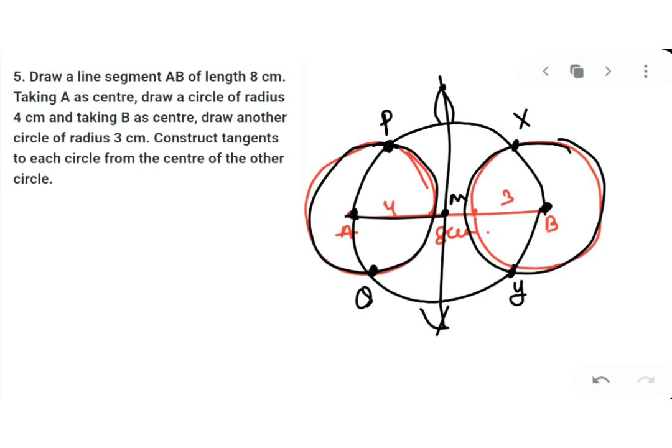And now you join PB and QB. That will be tangents from B towards circle A. And join AX and AY. Those will be tangents from point A to the circle B. Got my point clear?